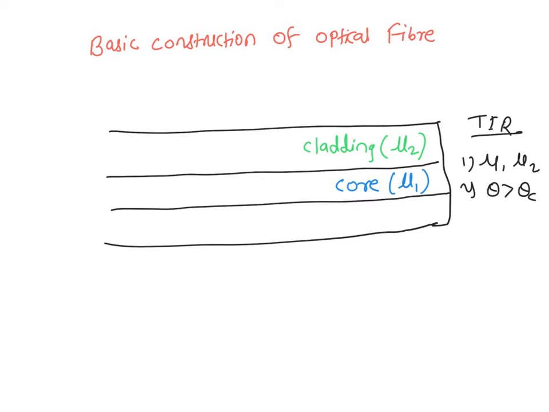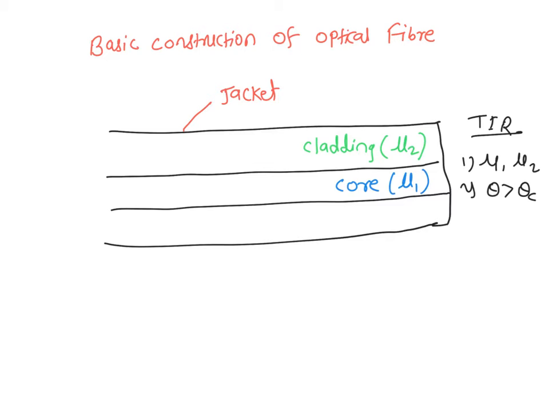Now remember, light will travel through this particular core section. This cladding will give additional support to the optical fiber. And the outermost part is called the coating or jacket. It covers the optical fiber from any outer side effects.